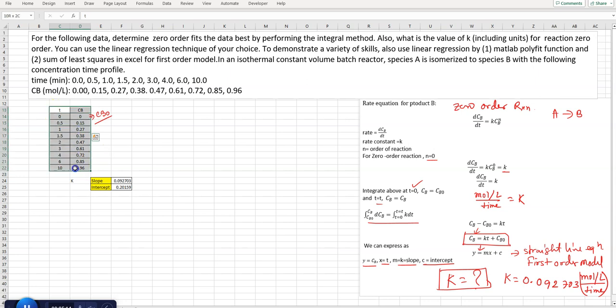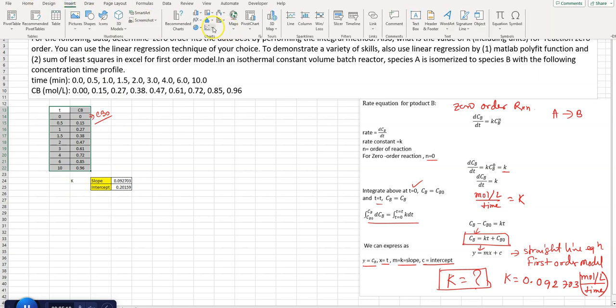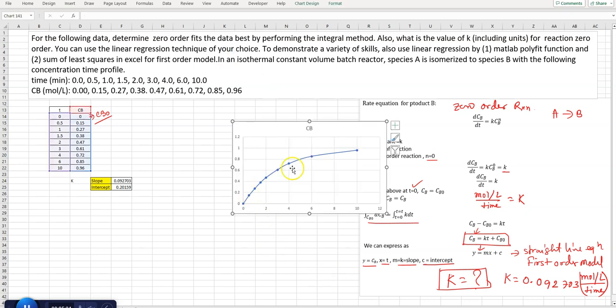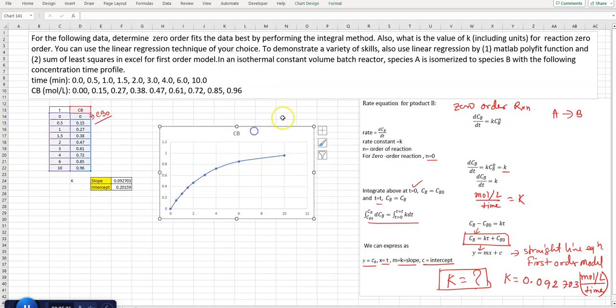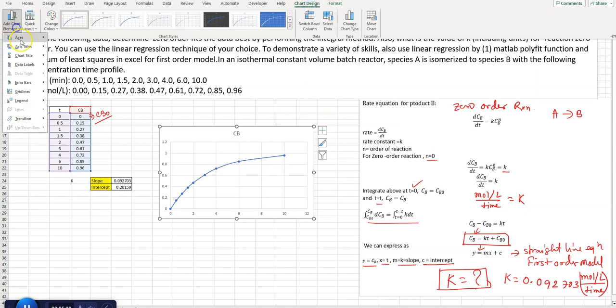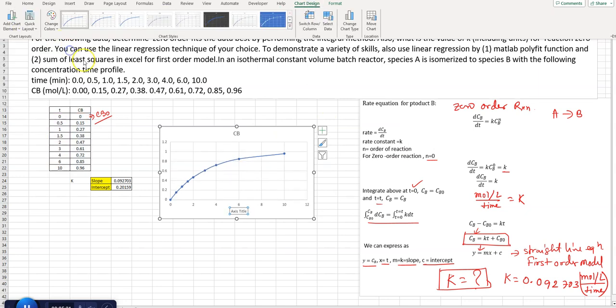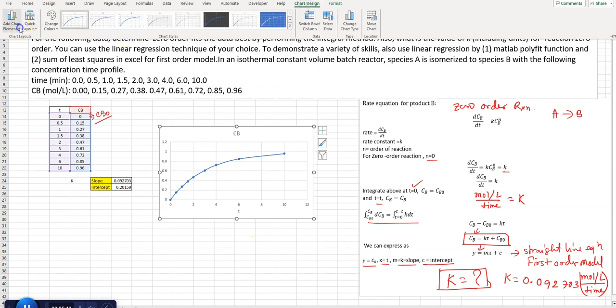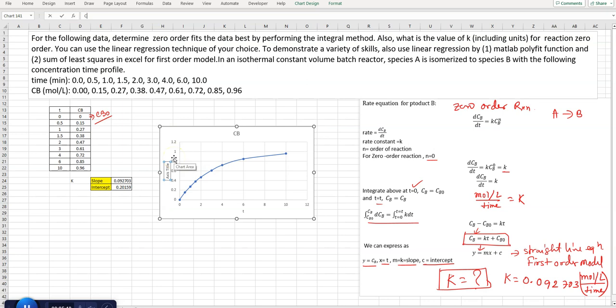Now another way we can also do it: we just plot this data, and we can also find the slope. Insert, then go to the plot. The plot will be like that. Now chart design, axis: horizontal is t and primary vertical is CB.